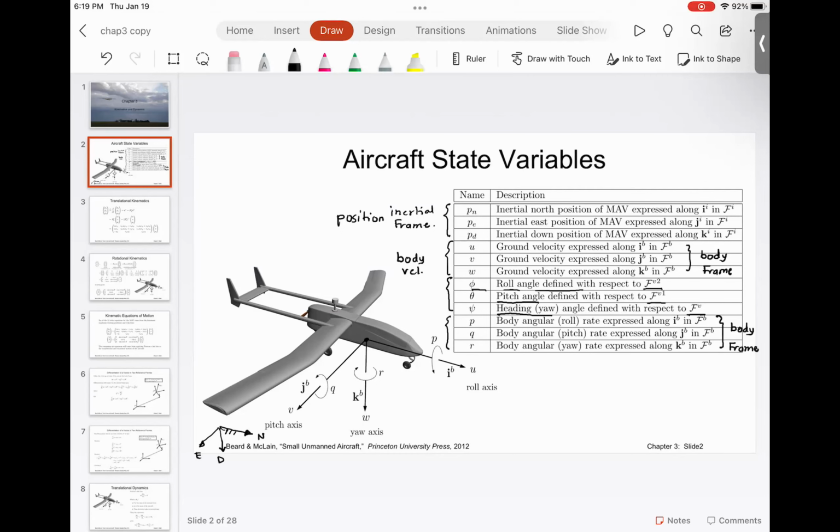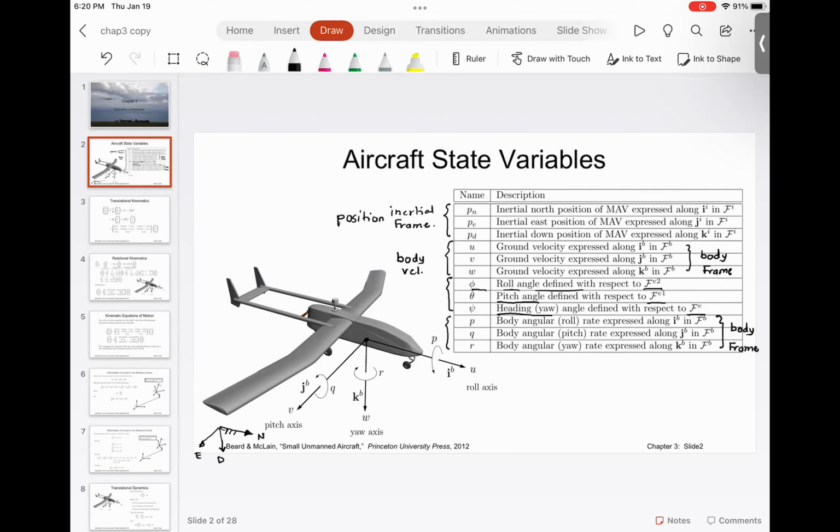Now, here comes an important problem. Any aircraft typically would have 3-axis accelerometer and 3-axis gyros. It's called inertial measurement unit. Inertial measurement unit is a strap down unit, which means it is actually fixed onto the aircraft.